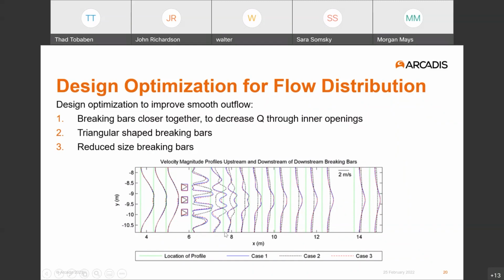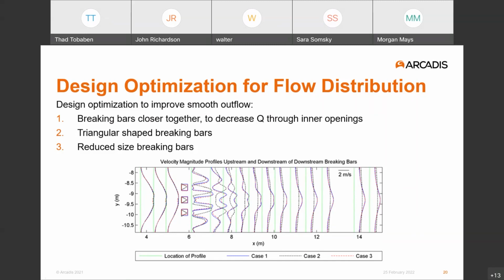But one thing we see when we get to distances beyond about 8 meters away from the opening is that the results for case 2, so those would be the dashed results, the velocity profile starts to look a lot more regular compared to the results for case 1 and 3.